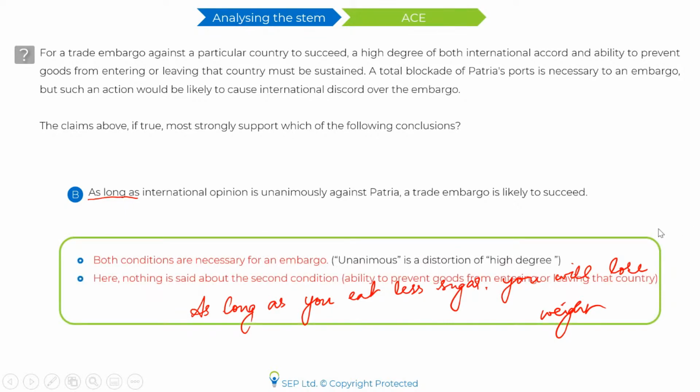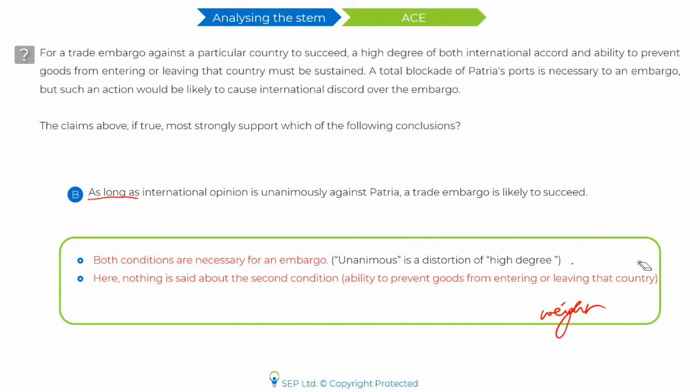So let me just leave this out. So both conditions are necessary for an embargo. Here, nothing is said about the second condition. It's just saying as long as you do this, the other thing will happen. But that's not true. So therefore, B is also out of scope.